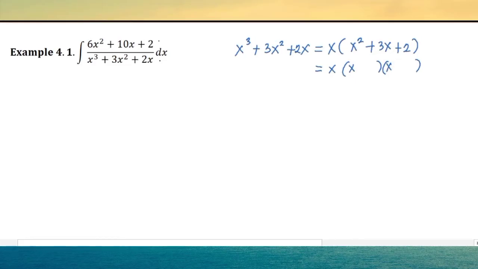So as a review, kukunin lang natin yung factors nitong 2 na to. So we have 2 possible factors. So we have ang possible factors natin para magkaroon tayo ng positive 2 is we have 1 times 2 and negative 1 times negative 2. So, kinuna natin ang factor ito.